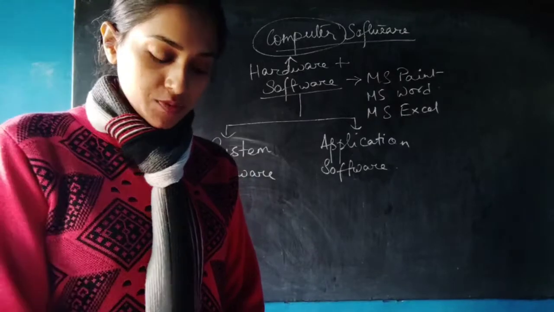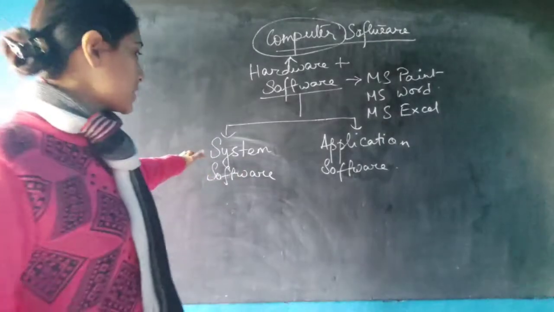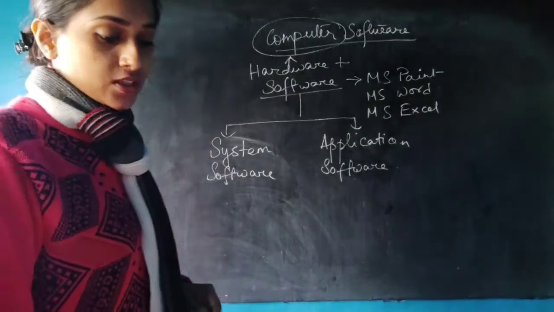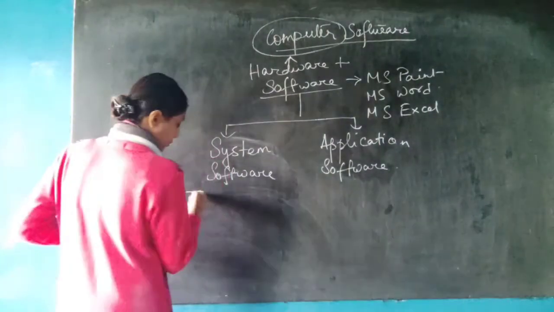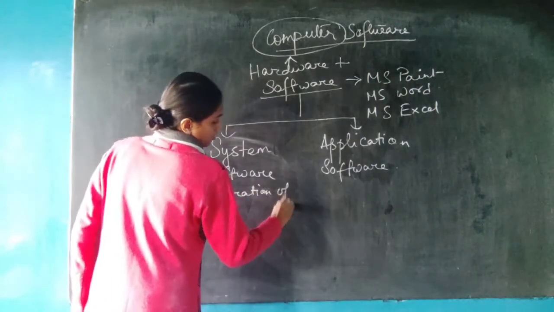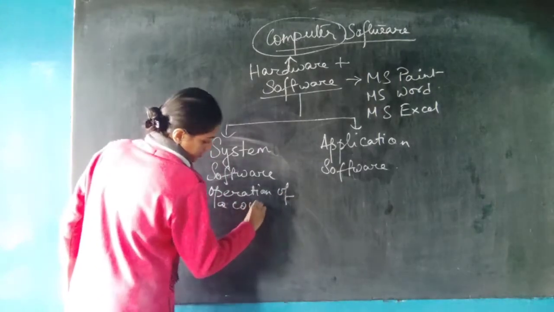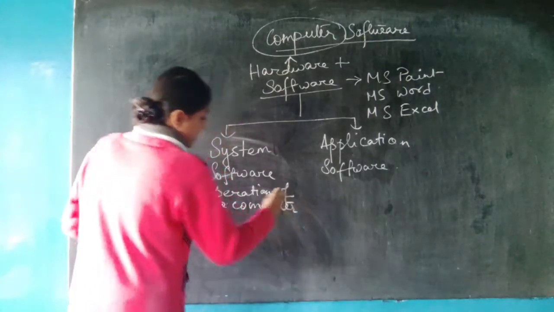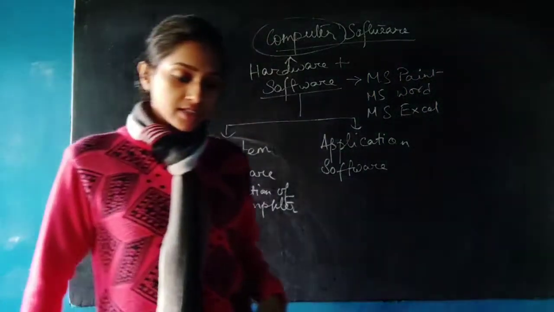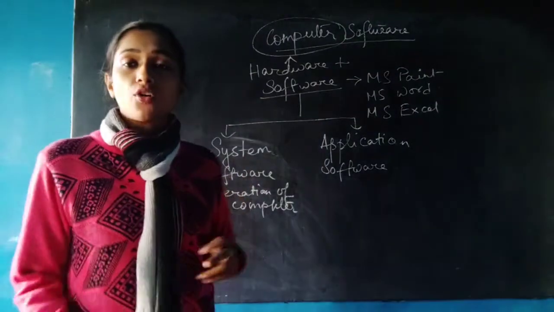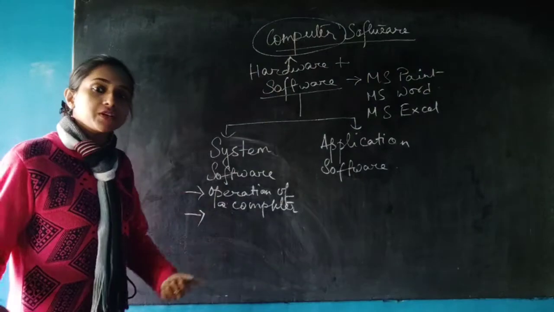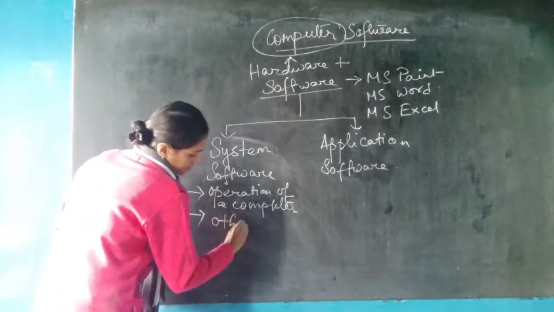At first, system software. By the term system, it means it has some control over the system. First of all, it controls the operation of a computer, the entire function of a computer. That is why it is the system, because it is controlling the entire computer system. Second point is it helps in running other software and hardware. As it is in a controlling position, it will obviously control other software.